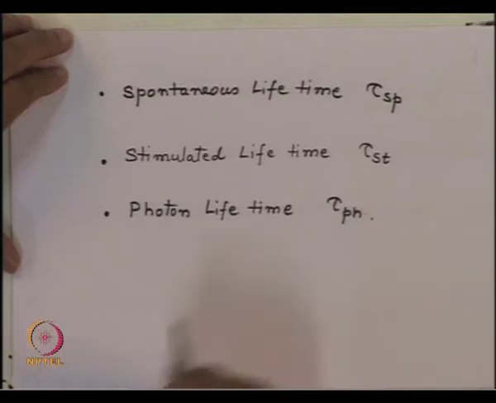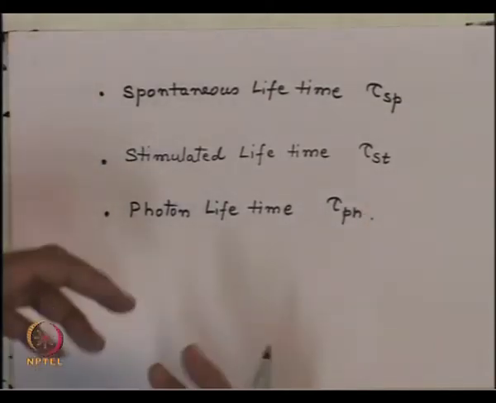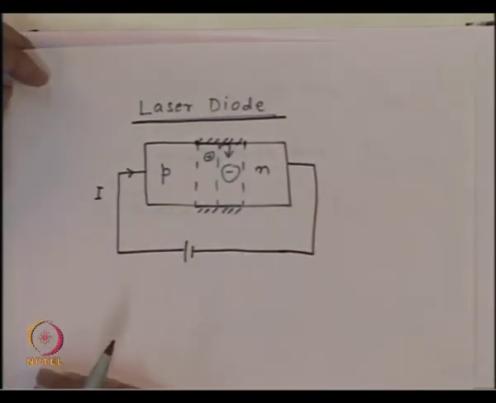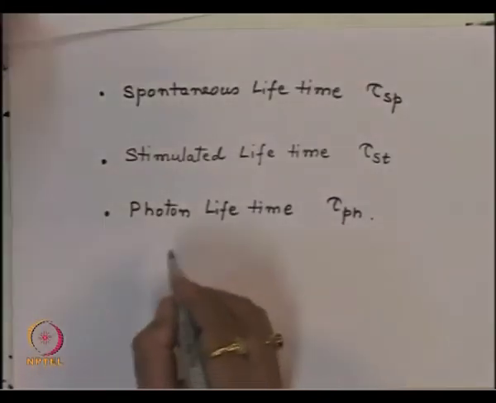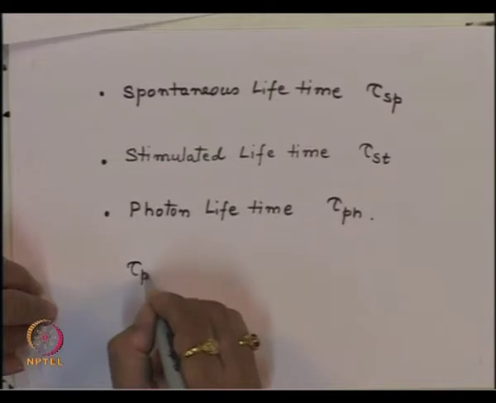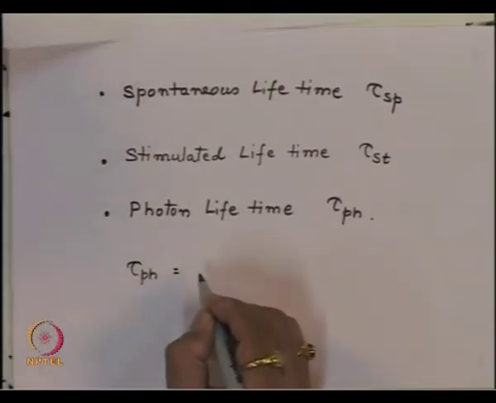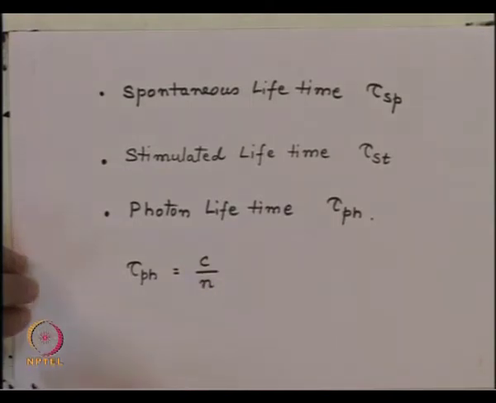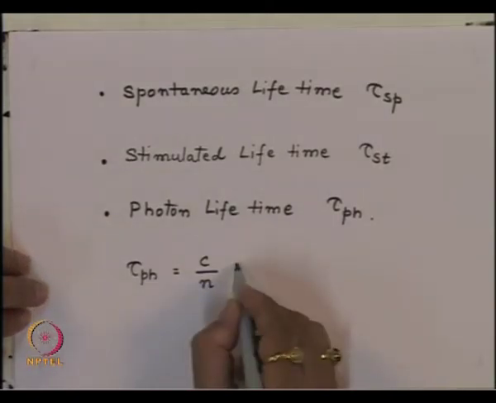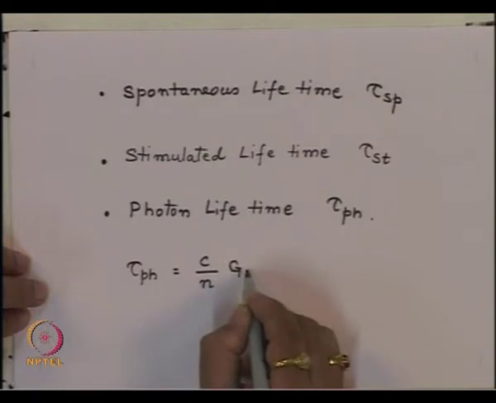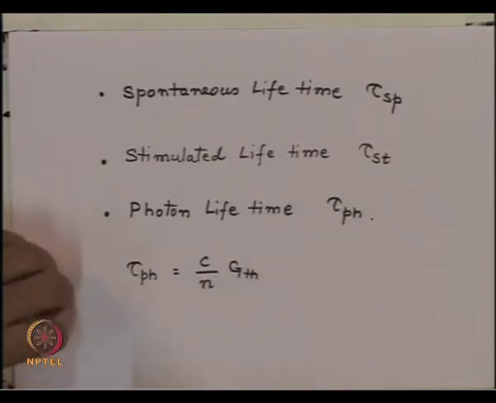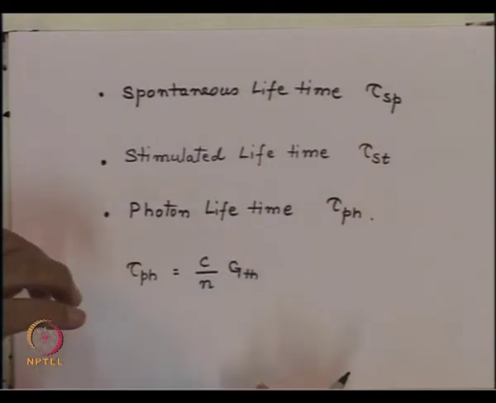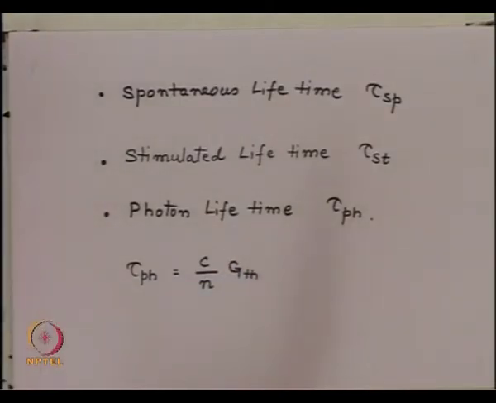And how long the photon resides inside the cavity essentially depends upon what is the threshold gain for the lasing inside this device. So, this tau photon, tau pH is equal to C by n, where n is the refractive index of the material, into the threshold gain of your device, GTH. And threshold gain is the gain at which the oscillation just sustained.